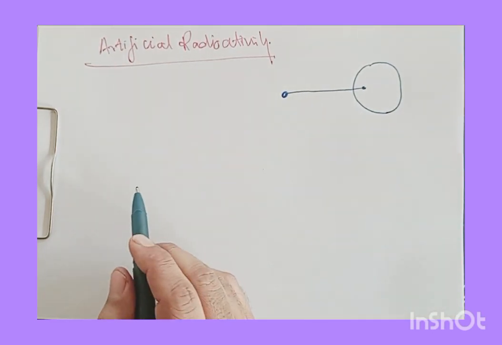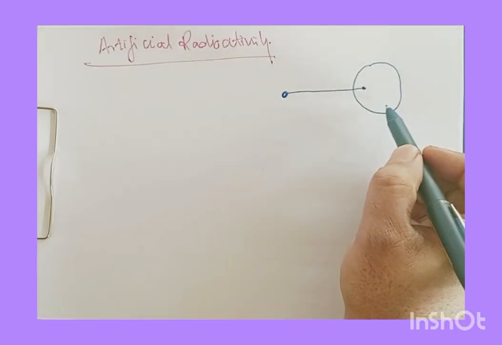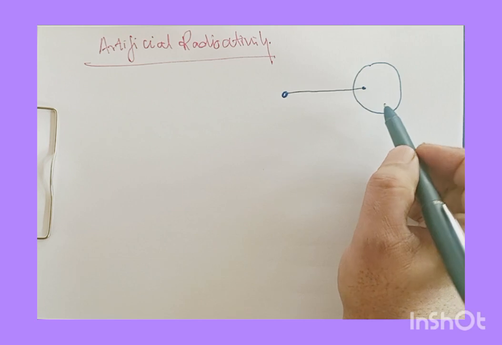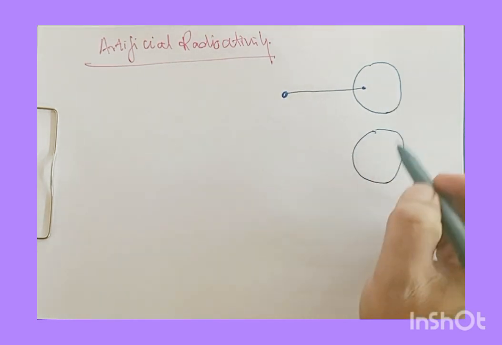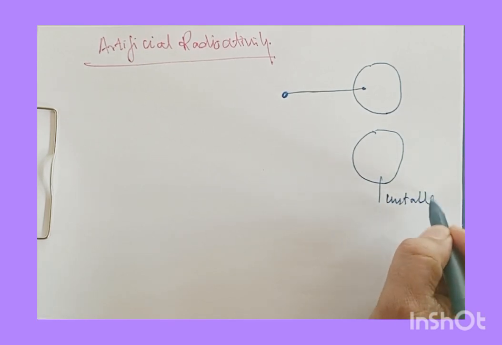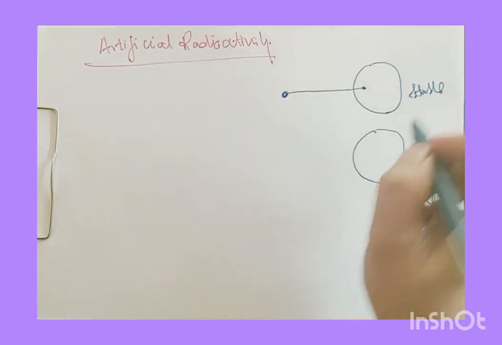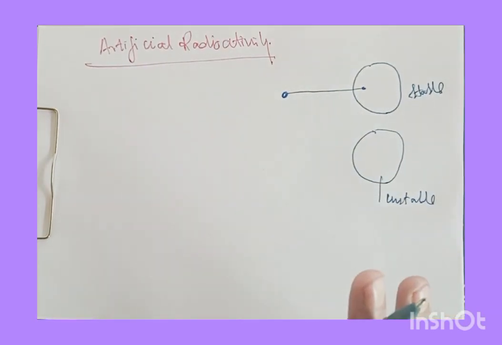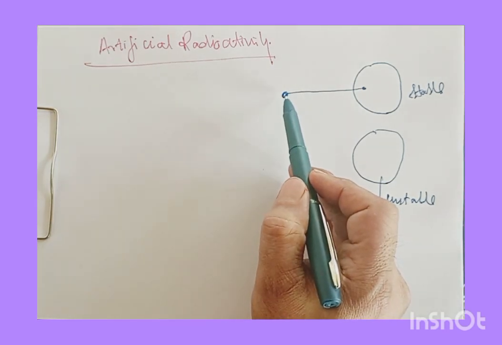It is basically a process by which a stable nucleus is made unstable. So when you have this stable nucleus, we convert it into an unstable nucleus by bombarding it with some high energy particles.